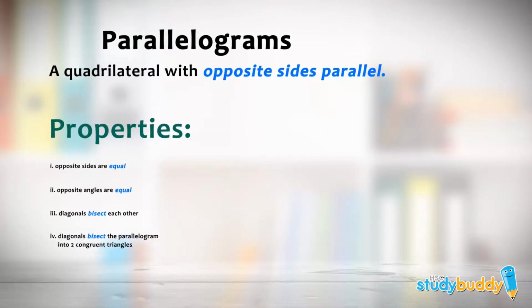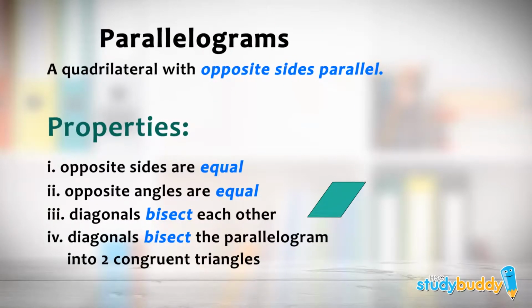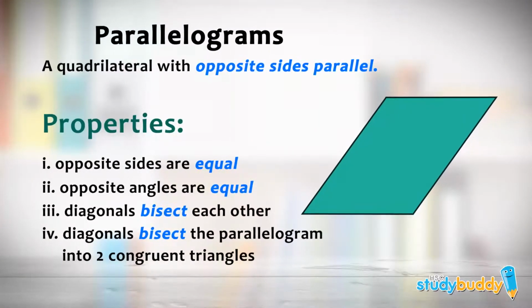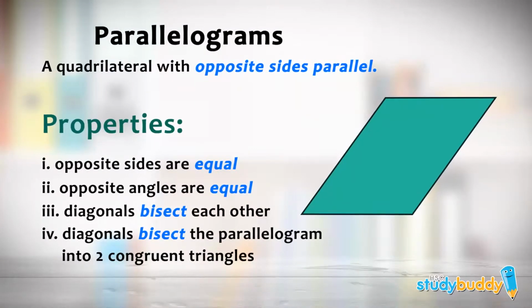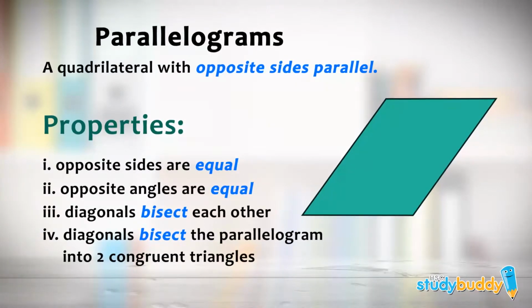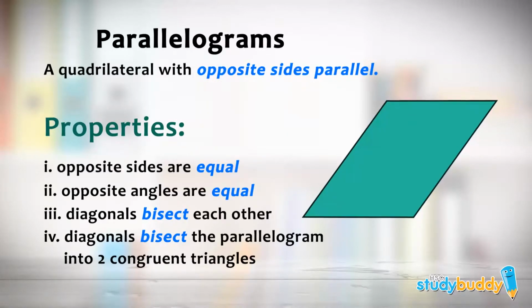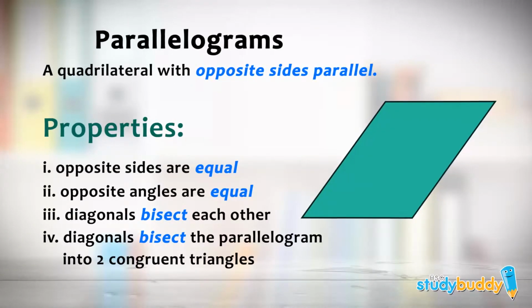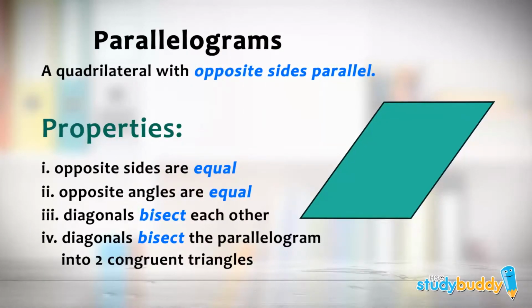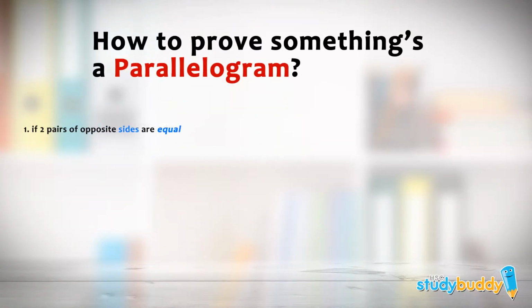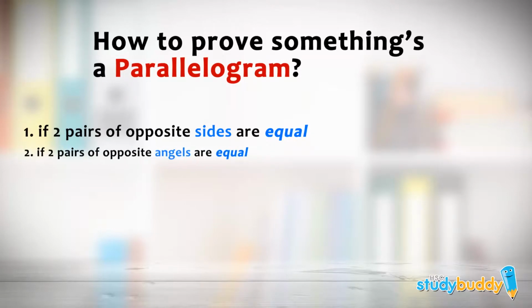There are several properties of a parallelogram that are essential to know in order to prove that something is in fact a parallelogram and allow you to use these properties to solve the next parts of the questions. So we'll have opposite sides equal, opposite angles equal, the diagonals will bisect each other, and also bisect the parallelogram into two congruent triangles. So how do we prove that something is a parallelogram if we were asked to?